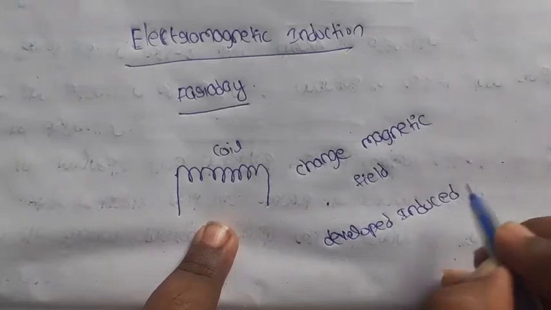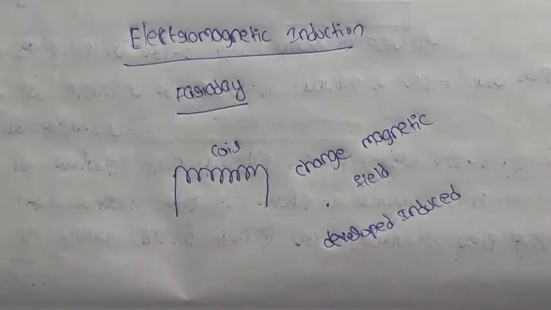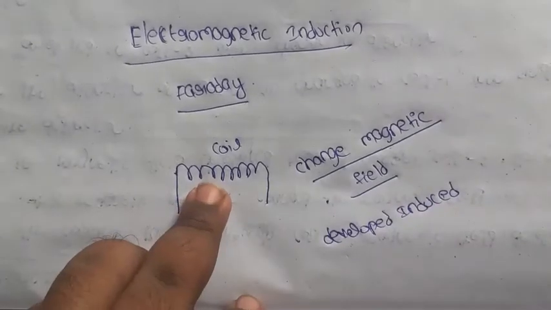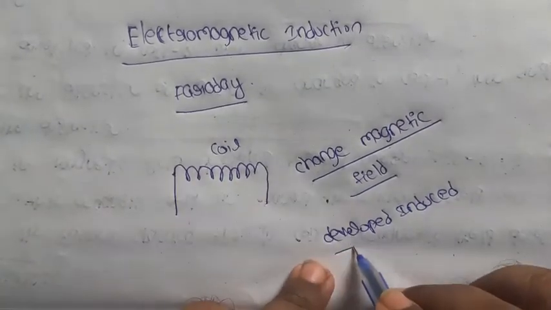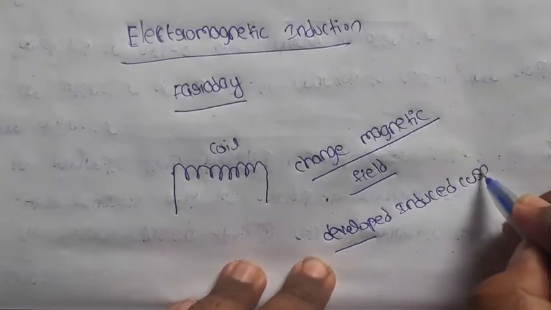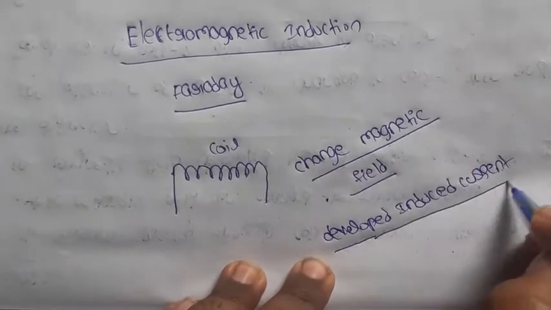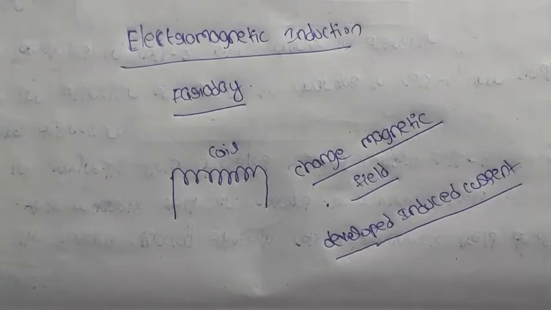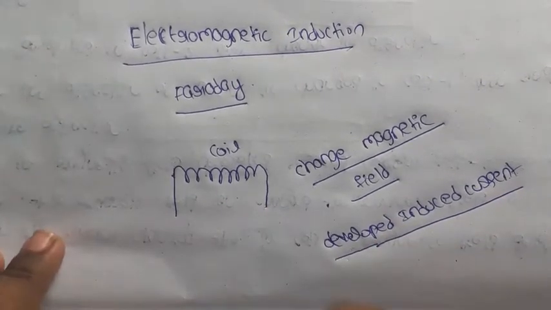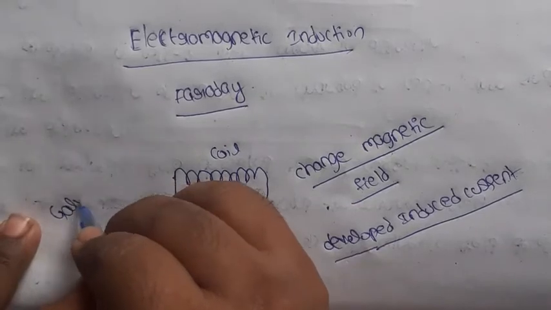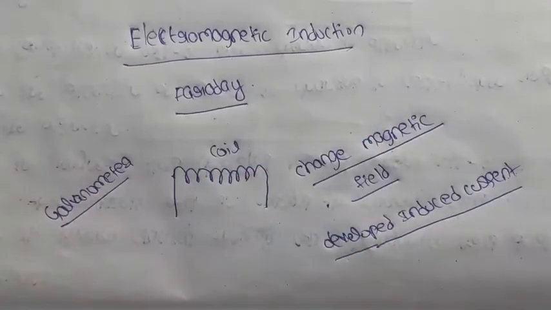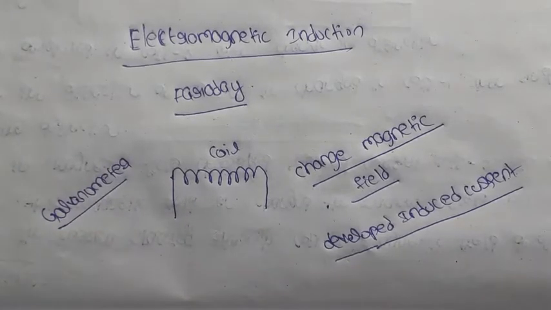That was explained by Faraday. The induced current will be observed by the galvanometer. This is all we learned in the last class.